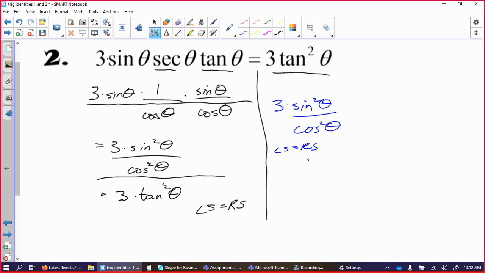Technically, they're both correct. That's one of the things with trig identities. As long as you make one side equal the other, sometimes you do a bunch of work to one side and nothing to the other. Sometimes you do a little bit. When I'm marking them, I'm looking to see: are they on the right track?